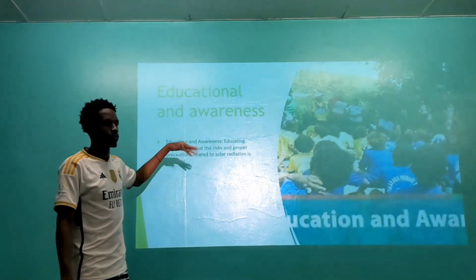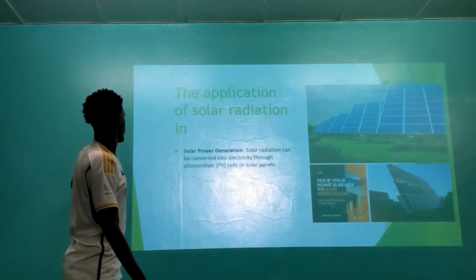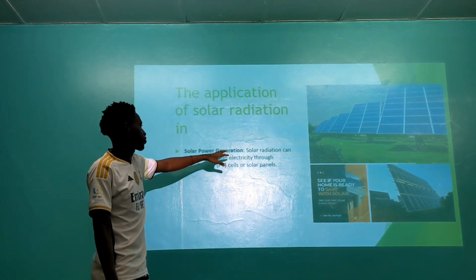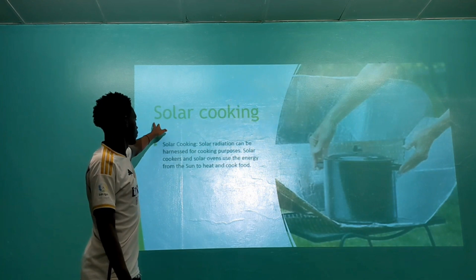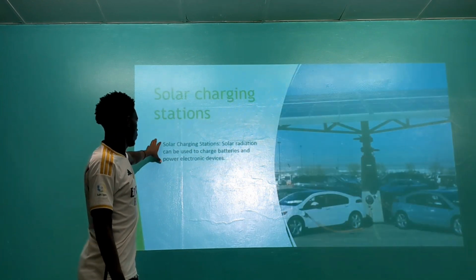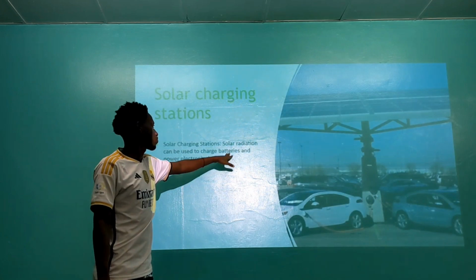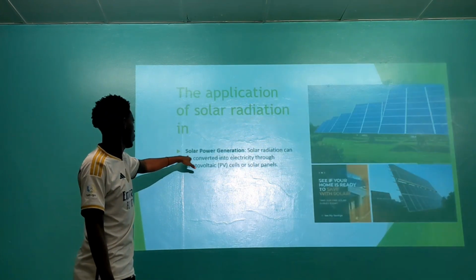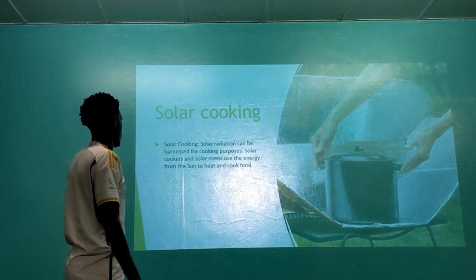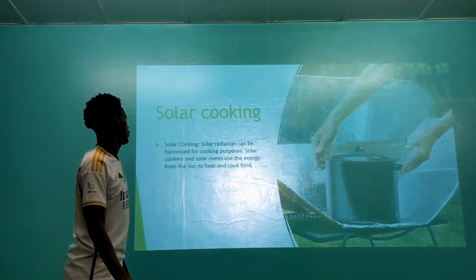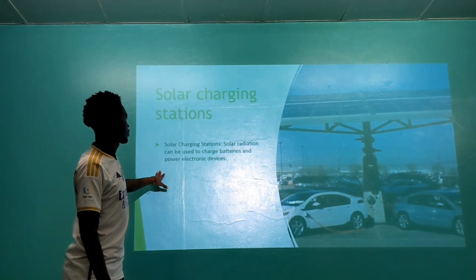Next slide. The application of solar radiation is what we call solar power generation. Next slide. Solar cooking also can be used. Here we use radiation in order to cook food. Next slide. Solar charging stations.